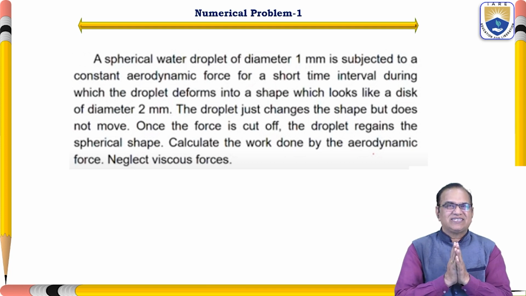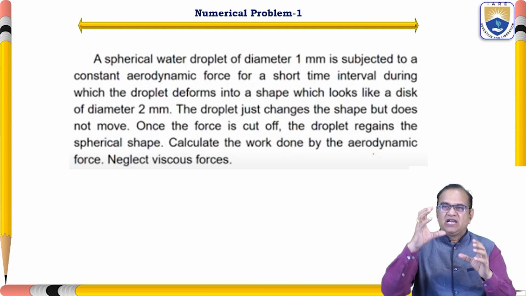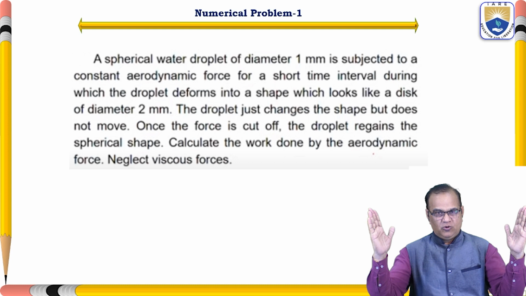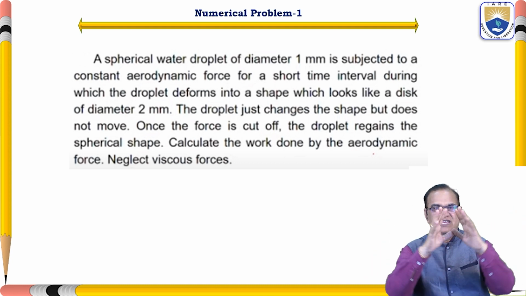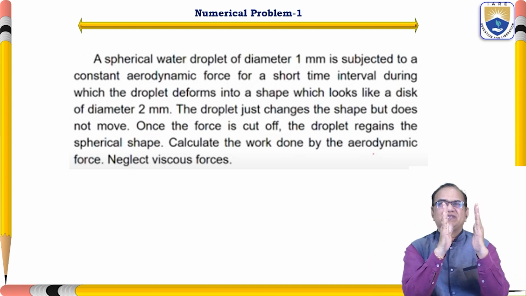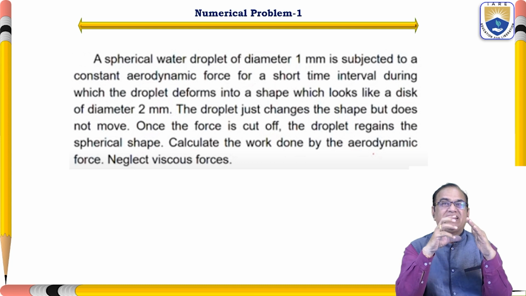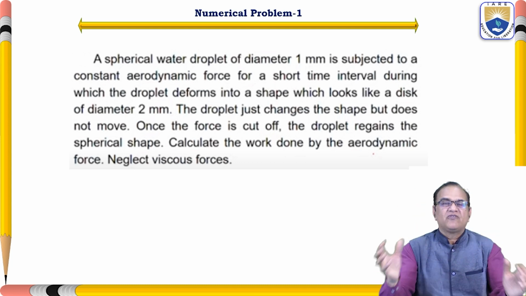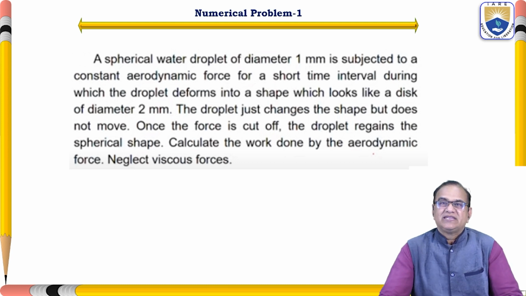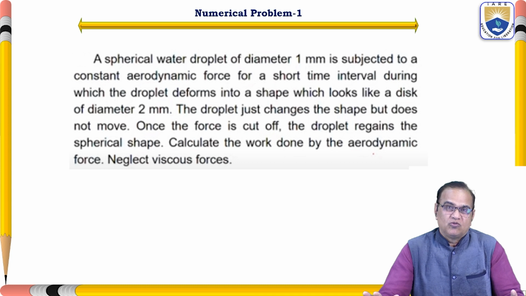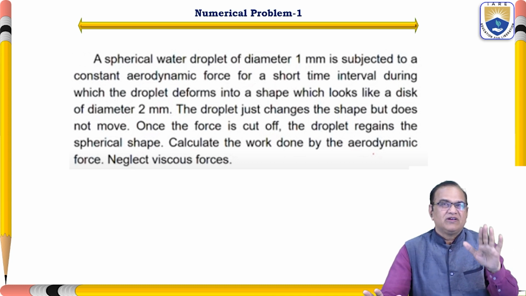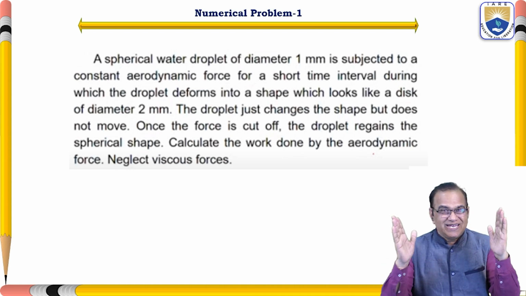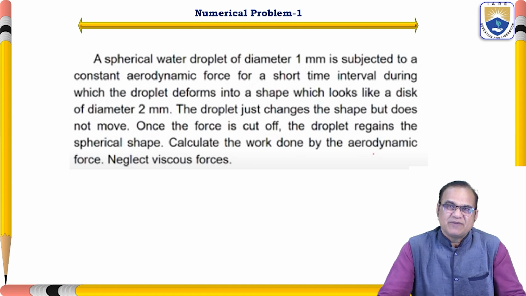We are considering that by the aerodynamic forces, it is a spherical shape, and if you give the wind, it becomes cylindrical with a diameter of 2 millimeter. Previously it was a sphere of 1 millimeter. The droplet just changes the shape but does not move, meaning there is no motion due to the aerodynamic forces, only the shape of the drop changes.